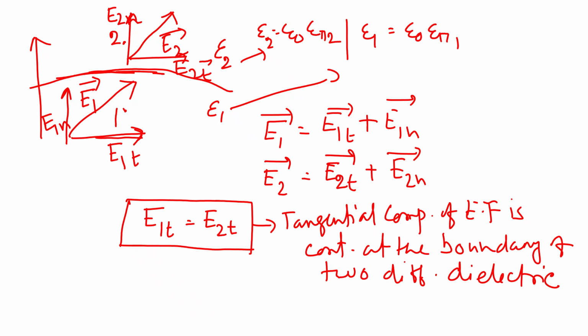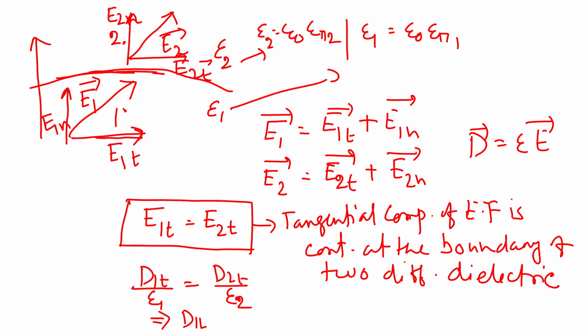Now we all know that electric flux density D vector is epsilon into E vector. So E1t can be written as D1t upon epsilon 1, and E2t as D2t upon epsilon 2. Now since epsilon 1 and epsilon 2 are not equal, D1t will not be equal to D2t.